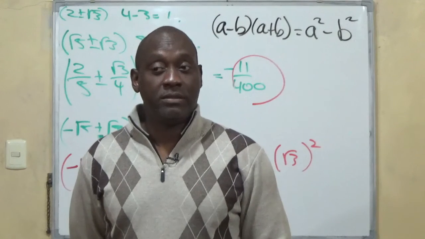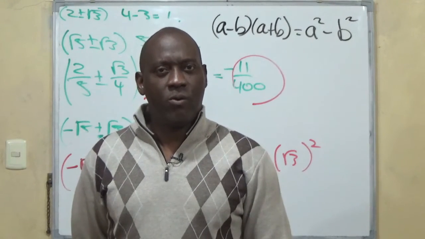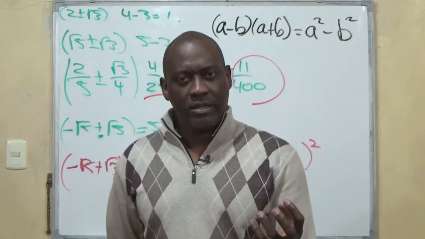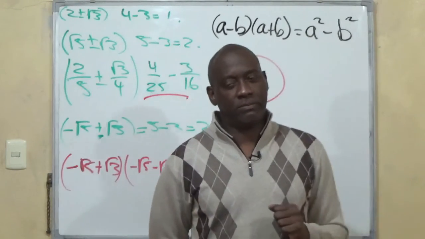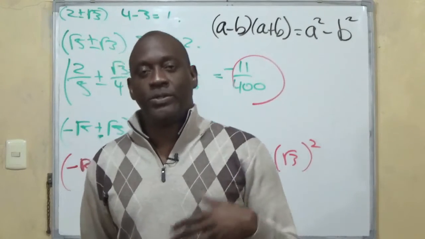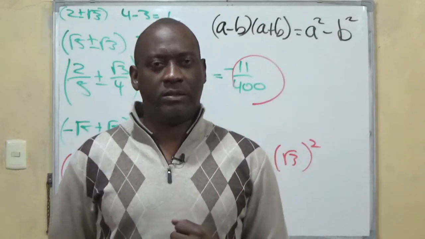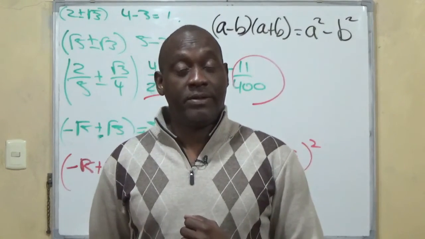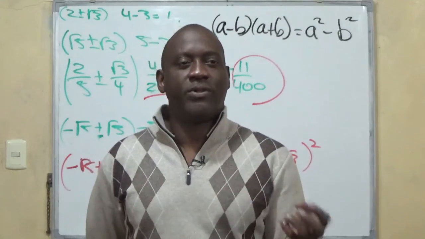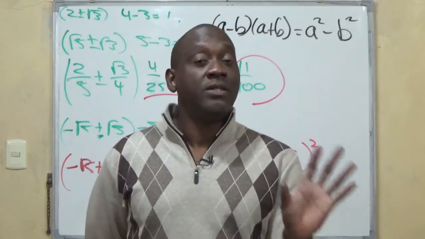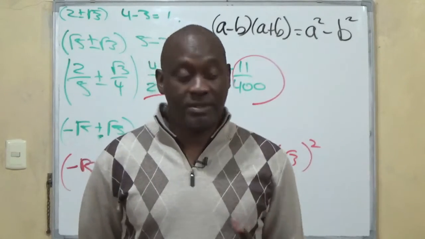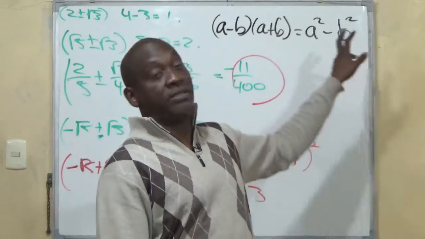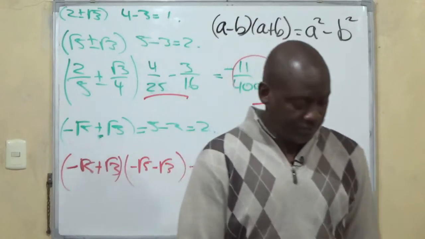And that is how you multiply a compound surd by its conjugate. Of course, we're talking about binomial surds. Right? Because as we saw before, you can have a compound surd with more than two terms. So we're only dealing with the specific case of surds with two terms, which will allow us to reach here.